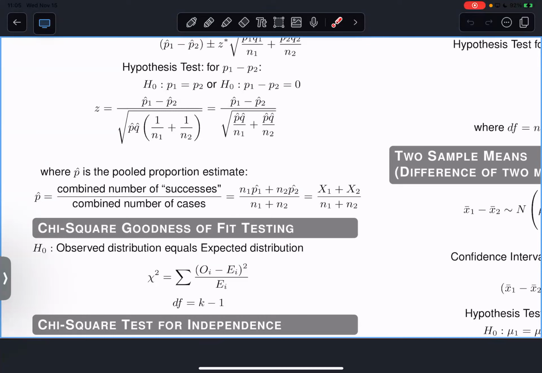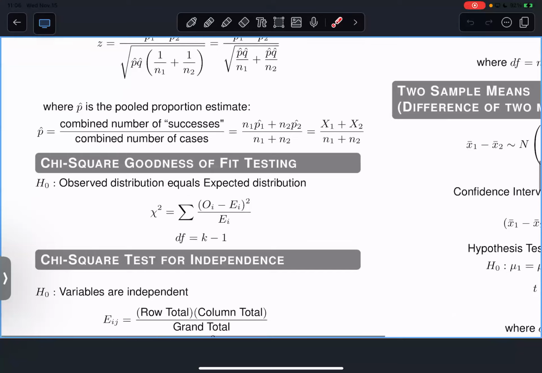We find the number of successes from group 1 plus the number of successes in group 2 over both of the sample sizes. So we just shove them all into a pool, and that's your pooled proportion, which you use in the standard error of your Z. There. That's some sort of review.